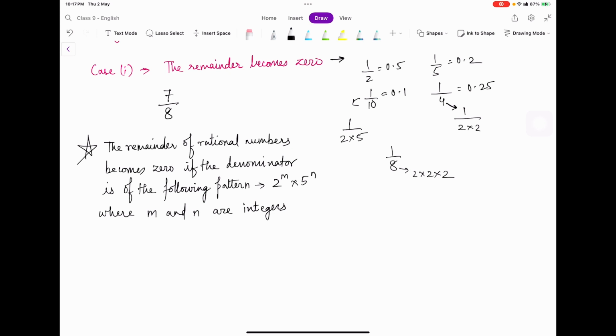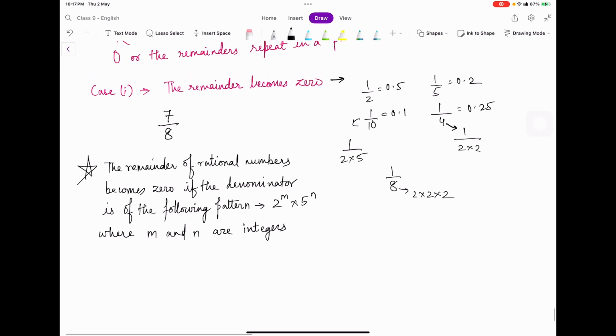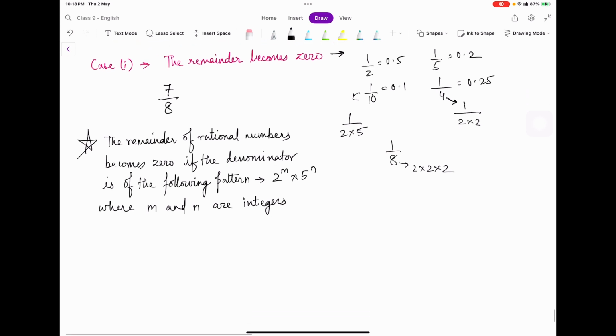Only in these situations can you get the remainder as 0. Otherwise you are not going to get the remainder as 0. Only in the numbers whose factors are 2 to the power m into 5 to the power n are you going to get the remainder as 0.